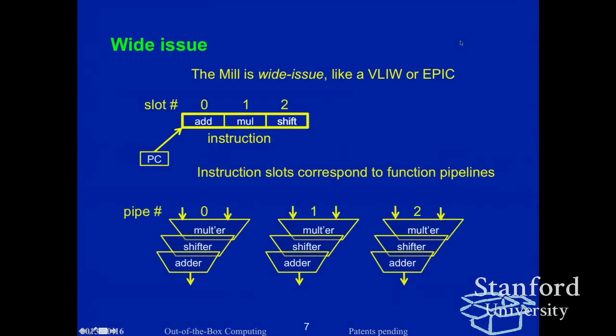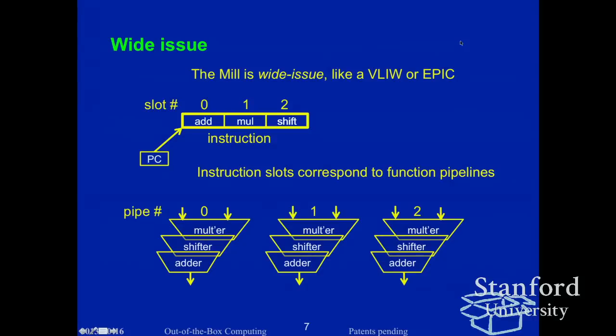The lexical ordering within the instruction provides an ordering number for the operations, which are called slots. And slots correspond to functional unit pipelines in the execution hardware. Those pipelines are populated with functional units: adders, multipliers, floating point units, load store, what have you.